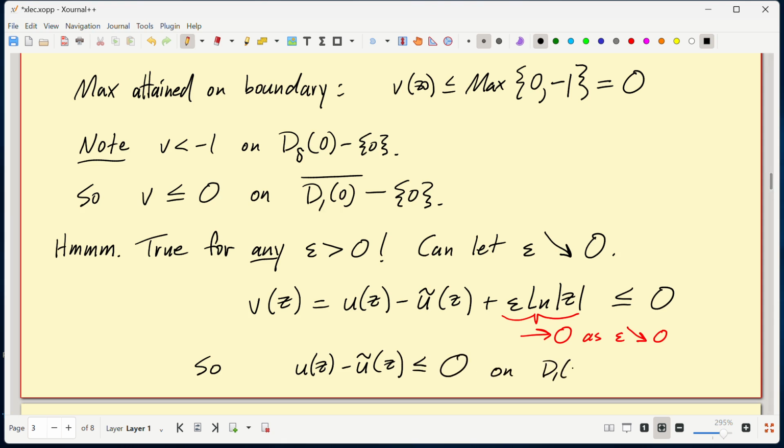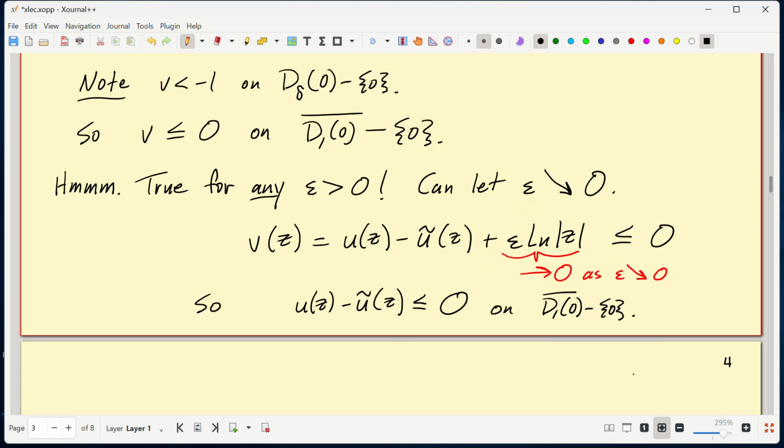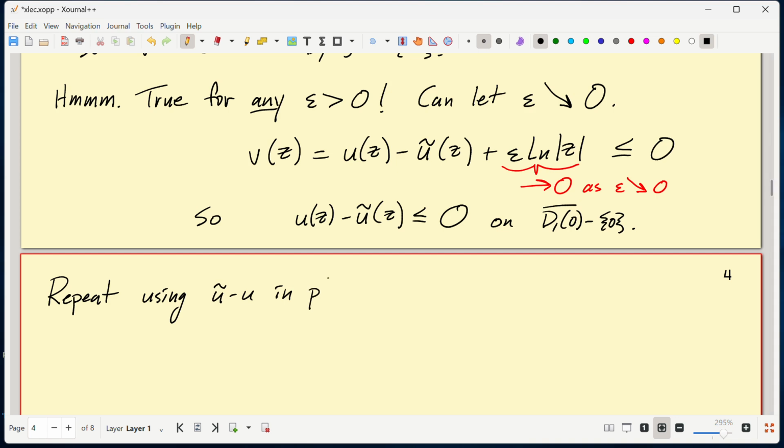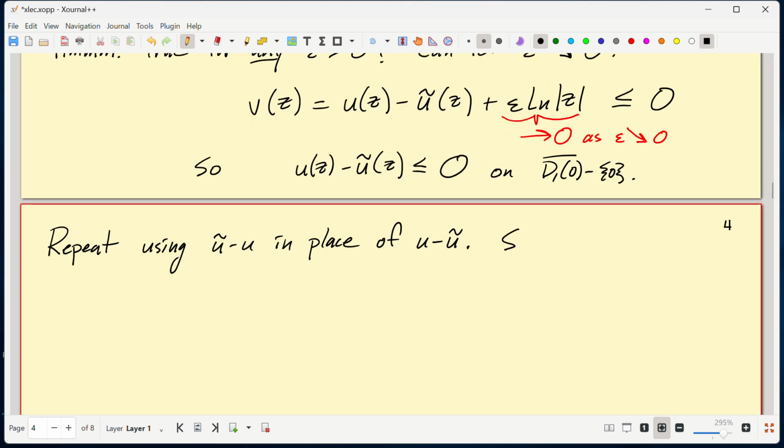And now I do the standard thing. I repeat the argument, using u twiddle minus u in place of u minus u twiddle. And we see that u is equal to u twiddle on the punctured disk.